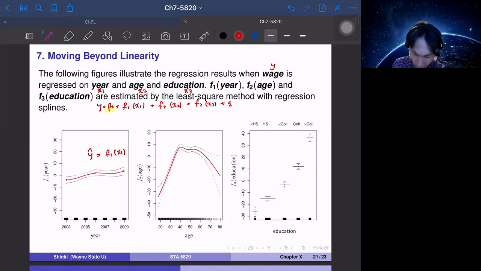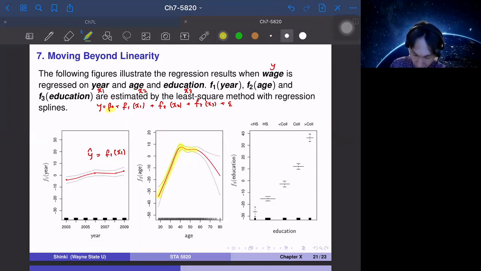And also age. We see that people between maybe 35 and 50 have a higher wage than other people, so we can see this complicated curve. Basically, the wage goes up more rapidly from age 20 to 40 because of the education they have taken or the experience they have accumulated.